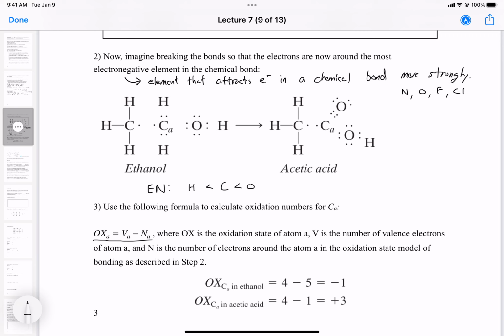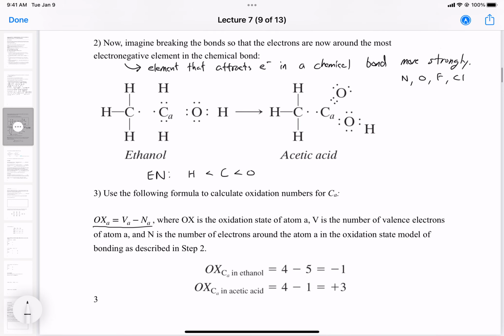And if we count around carbon A right here, we have 1, 2, 3, 4, 5 electrons around carbon A. So it'll have a -1 charge, because it has taken the electrons from hydrogen, but it has 2 of its electrons taken by oxygen, so by default it turns to -1. We just count the electrons that we've drawn in our structure there.